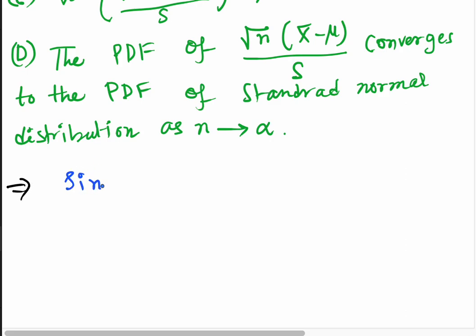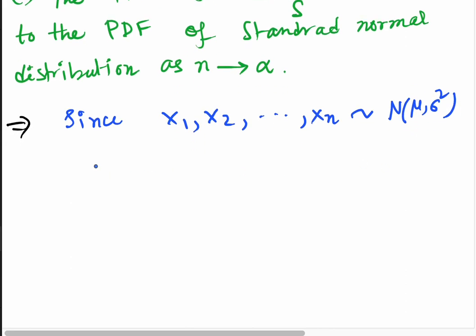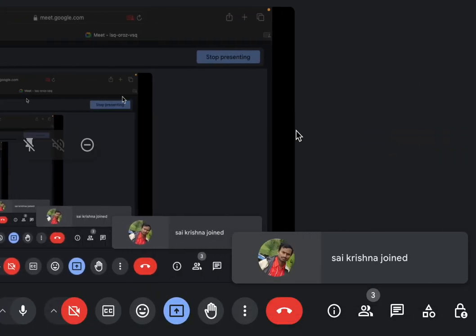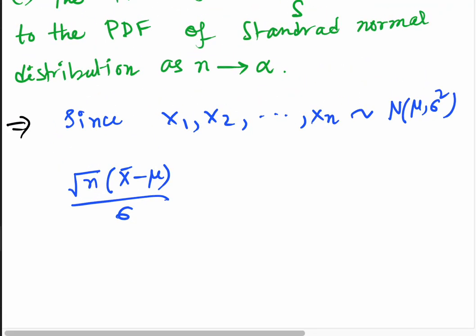Since x1, x2, ..., xn follow a normal distribution with mu and sigma square, then root over n times x bar minus mu by sigma will follow a normal distribution with mean 0 and standard deviation 1.